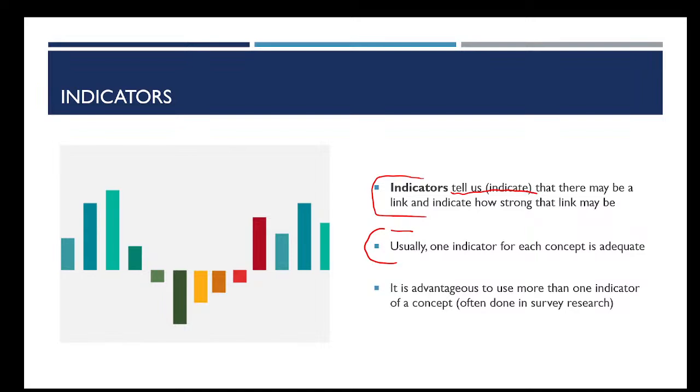Usually one indicator is adequate. Like, if you wanted attitudes about the current government, you could have one kind of indicator. I would say, generally speaking, it's better to have a whole bunch of indicators that are all aligned on the same topic, because it's going to give you more things to work with.